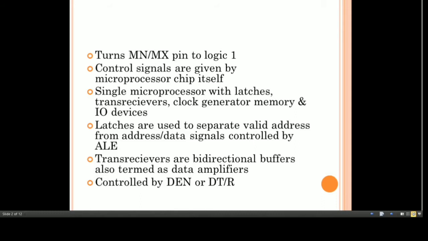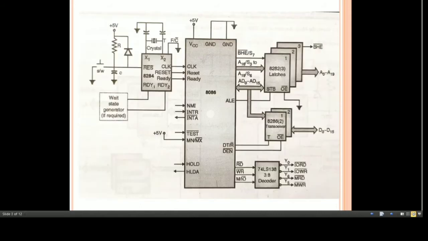In minimum mode of 8086, the required components are the 8282 latch, 8286 transceiver and 3:8 decoder. The 8284 external clock generator is also required for supply of the clock signal.